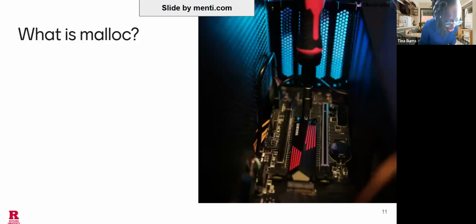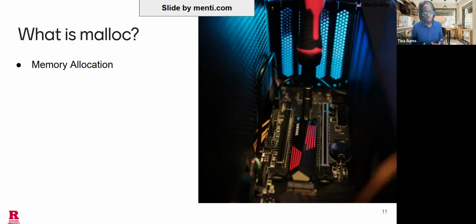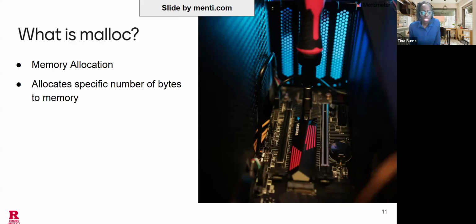So what is Malloc, right? One way that you can do this specifically for arrays is by using this Malloc function. Now, what that stands for is memory allocation. So it is memory allocation for various elements. We're going to use it in this case for arrays. Now, it's going to allocate a specific number of bytes to memory, right?